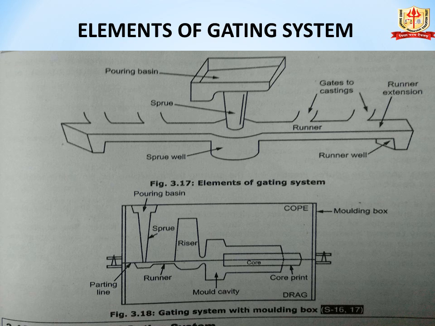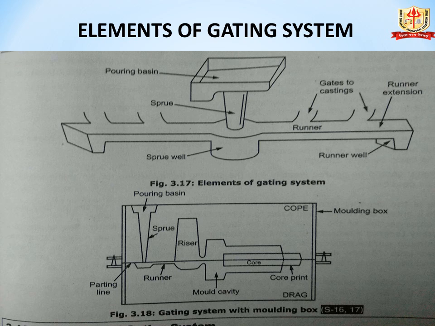Third part is a runner. In large casting, molten metal is usually carried from the sprue base to several gates around the cavity through the passageway called a runner. The runner may be located either in a cope or drag part of the mold.